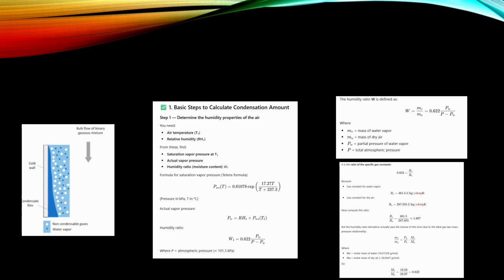Here we see the steps which we need to calculate the amount of condensing water. The air, which has some moisture, is coming from here, and we have a cold surface here, and some moisture is condensing on the surface.